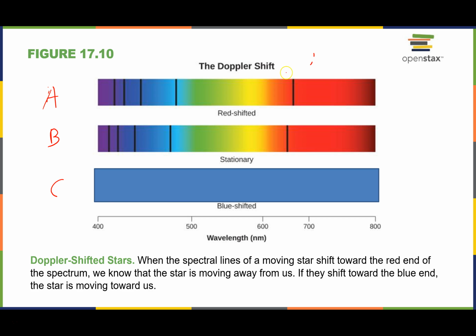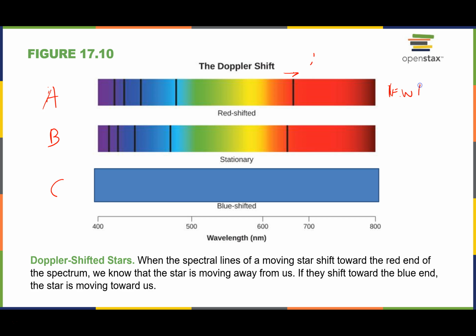It's hard to tell, but yep, it moved just a little bit that way. And we're going to see that the faster it's going, the more it's going to shift. Now, since it moved to the red shift, is it going towards us or away from us? Away, exactly. Perfect. So you got it. That's an important part of understanding.